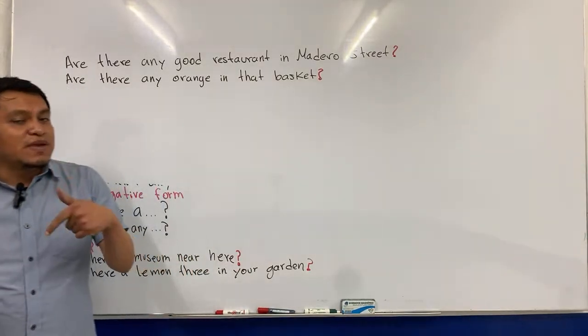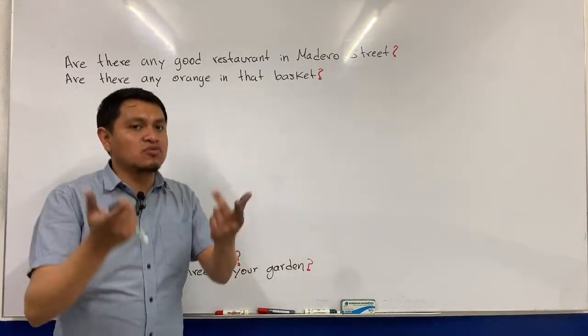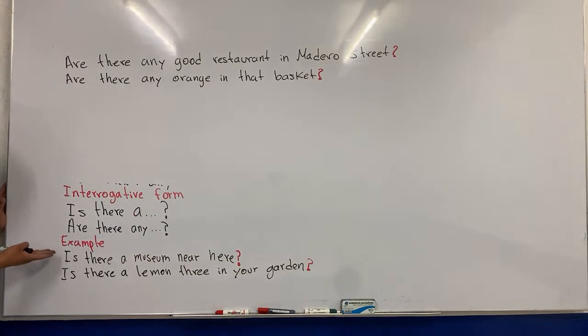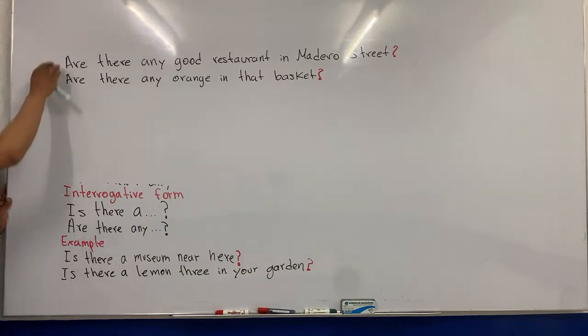Right? I mean, estamos preguntando si existe una cosa. Si queremos preguntar si existe en singular, vamos a utilizar is there. Si queremos preguntar si existe en plural, vamos a utilizar are there.